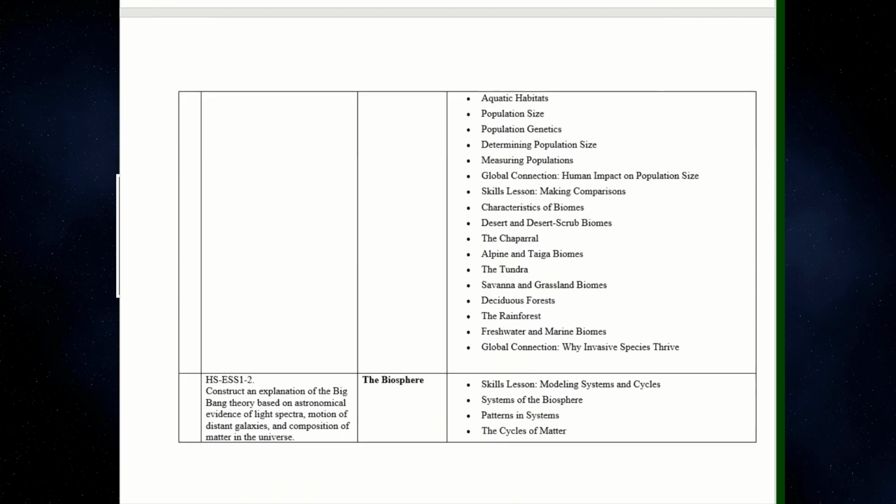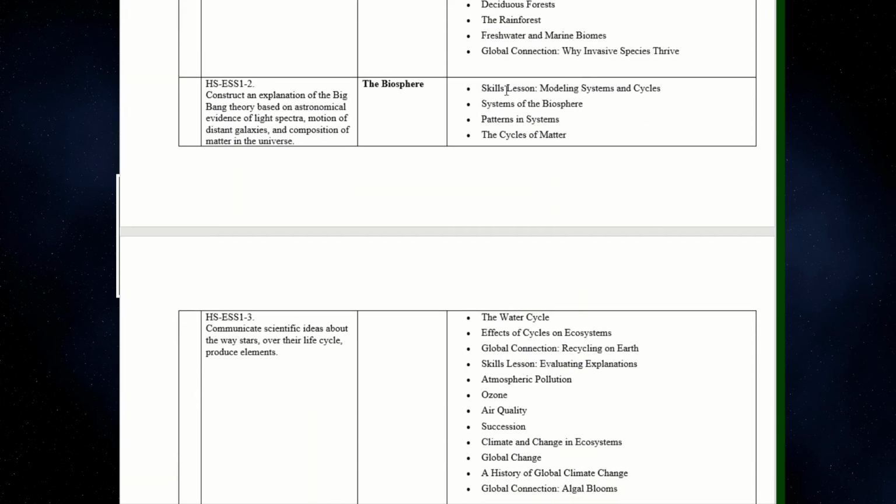Similarly for the biosphere, you can see the construction of an explanation of the Big Bang theory based on astronomical evidence: light spectrum, motions, distance, galaxy and composition. You can also see the water cycle, effects, global connections, ozone, and climate change, which talk about space and global changes and the Earth planet.